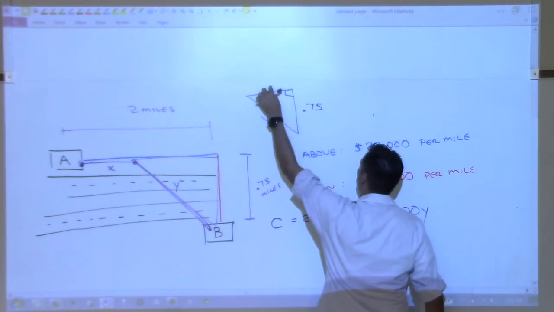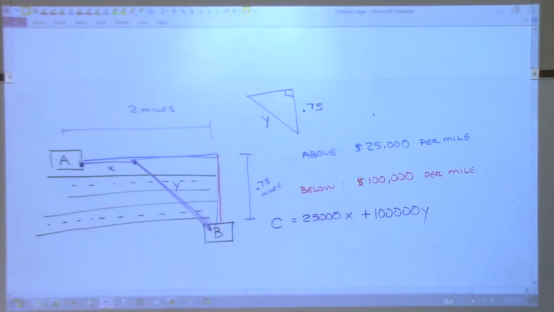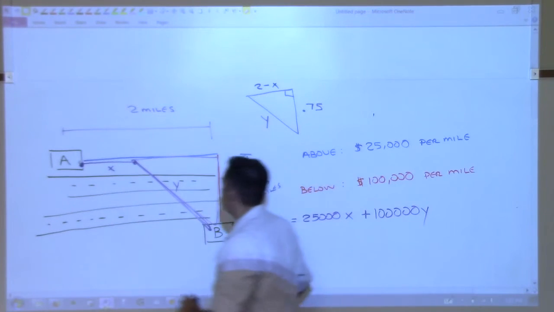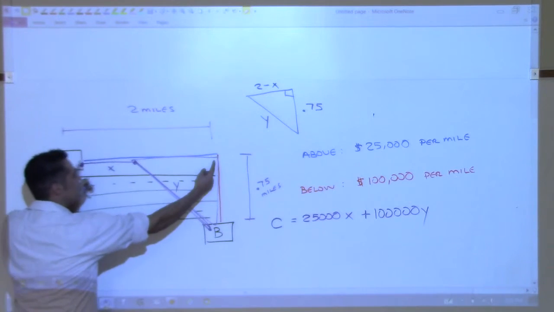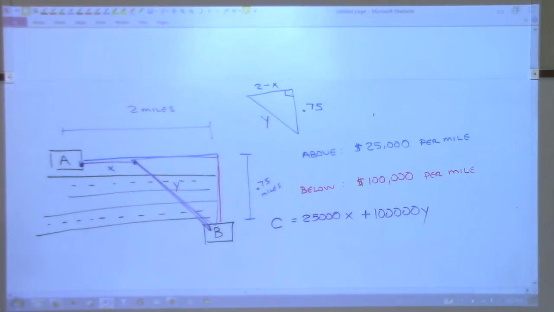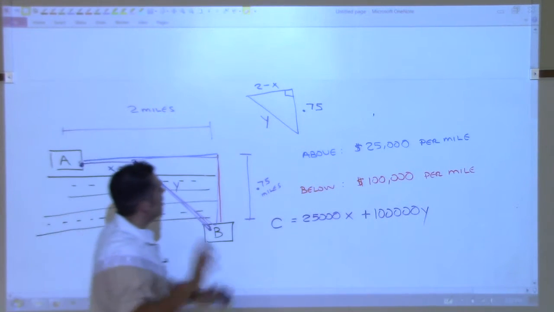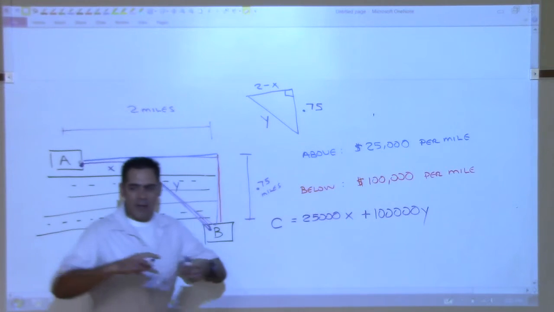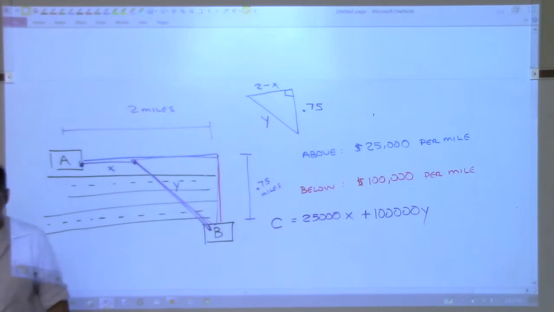Do you know this side? Oh, yes, you do. You know it in terms of X. 2 minus X. Because if this is 2 and you've gone X, then this is 2 minus X. This is what's left. Now, do you have anything that you can think of that would somehow relate these sides together that would create an equation that had X and Y in it?